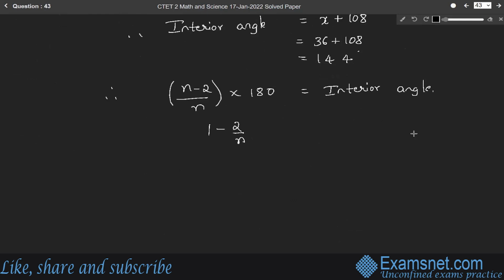That is, 1 minus 2 by n is equal to the interior angle 144 divided by 180, right? Therefore, minus 2 by n is equal to 144 by 180 minus 1.